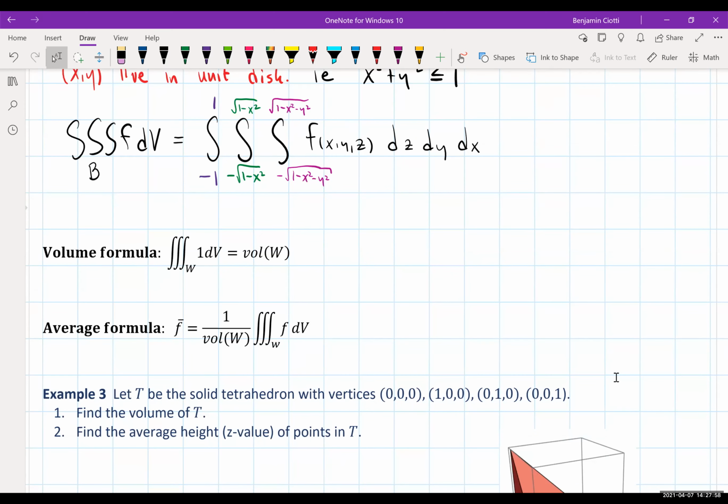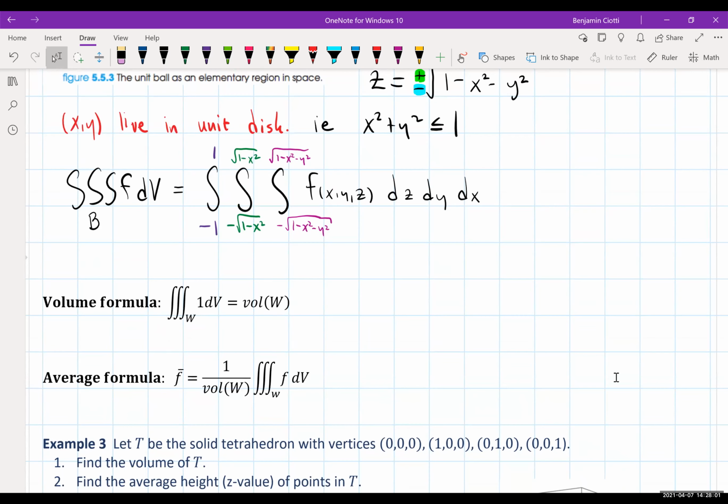Let me just give you a couple more formulas. If you let your argument equal 1 and you take a triple integral, that just gives you the volume of the region. Kind of like with double integrals, how we would get the area if you just plugged in a 1.